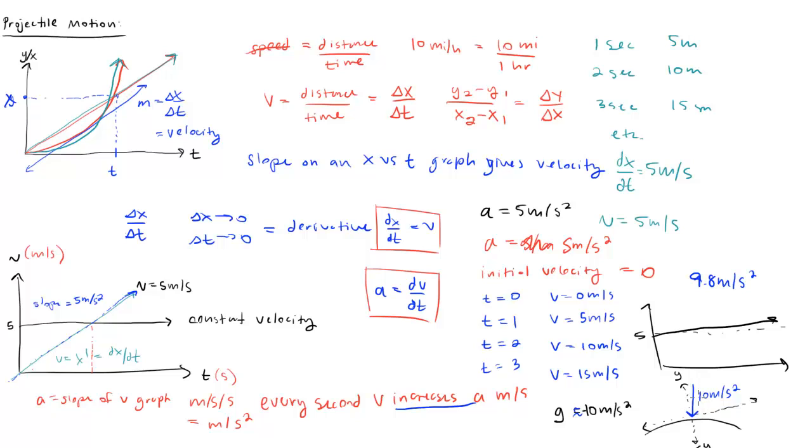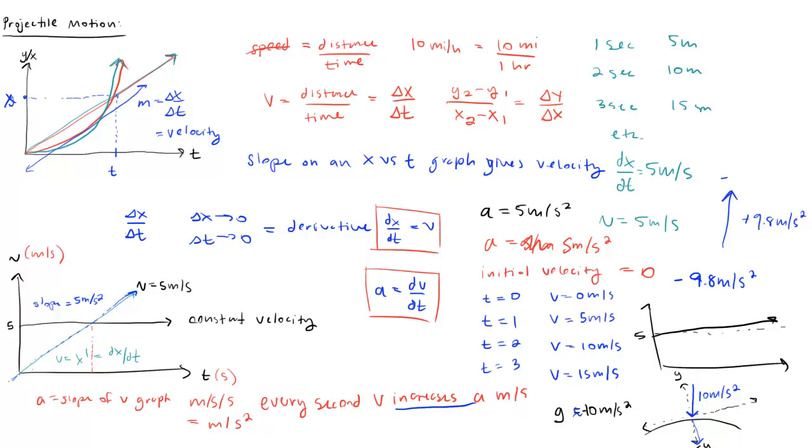And it's going down, so the acceleration is negative, because it's accelerating you in the negative direction. If you orient your coordinate system so that for some odd reason up is negative, then your acceleration would be positive 9.8 meters per second squared. It's all about the way you orient yourself.